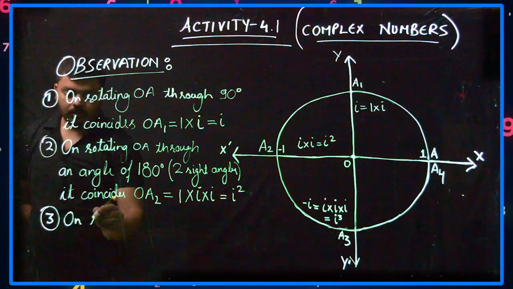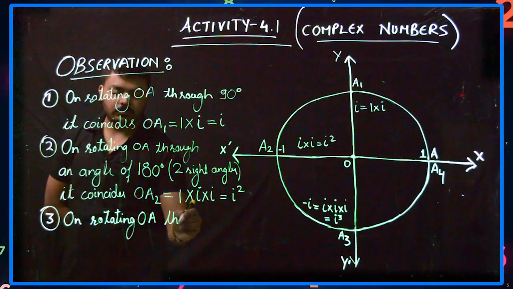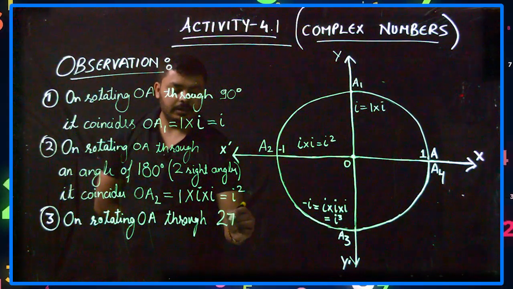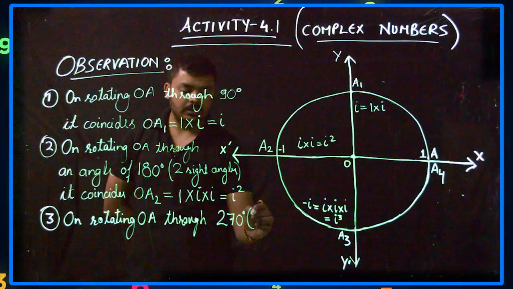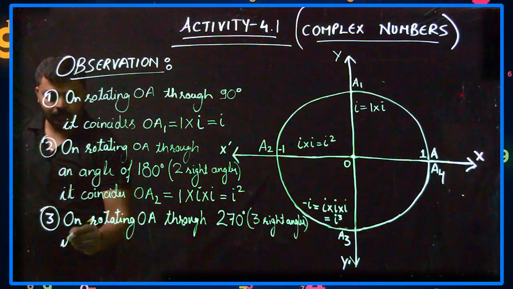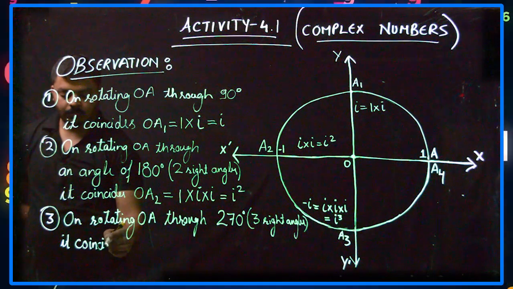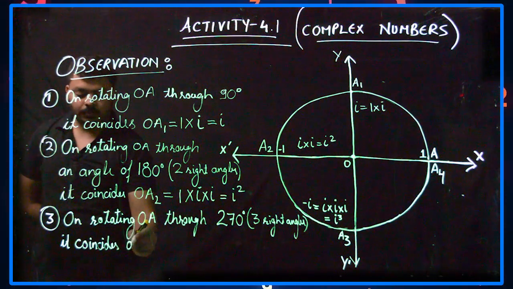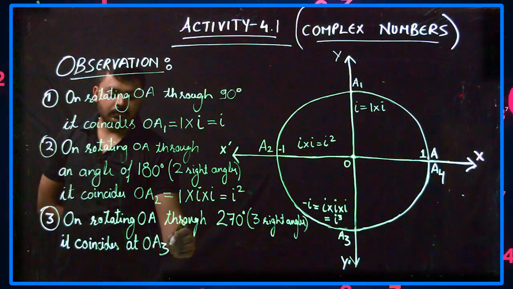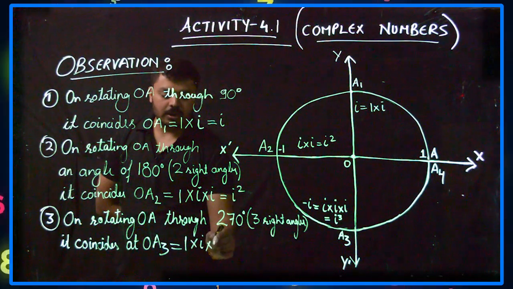Third, on rotating OA through 270 degree, that is 3 right angles, it coincides with OA3, which is equal to 1 into iota.